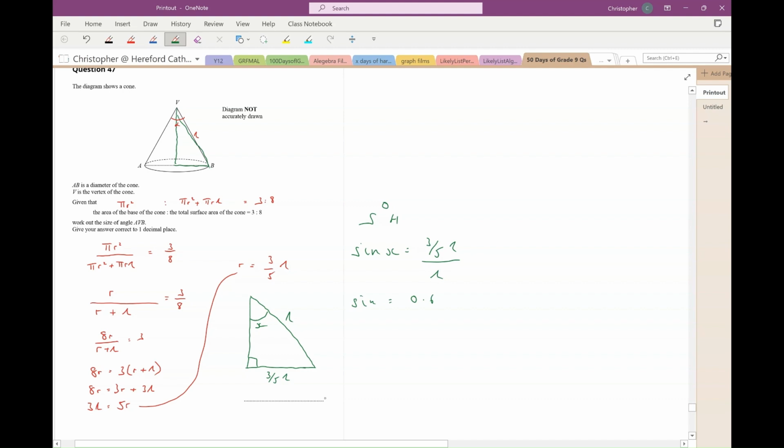So I just need to inverse sine 3/5 to get x. 0.6, shift sine equals, so x is 36.869, so alpha is going to be twice that. Times by 2 equals, and to one decimal place, 73.7 degrees for alpha.